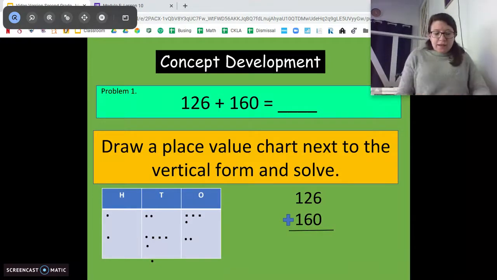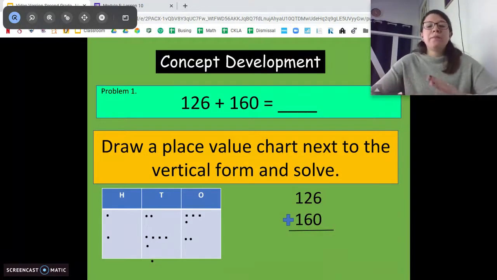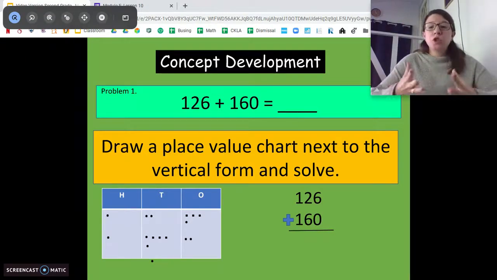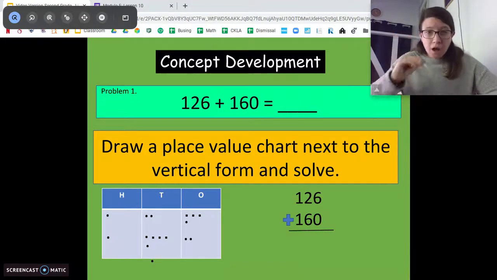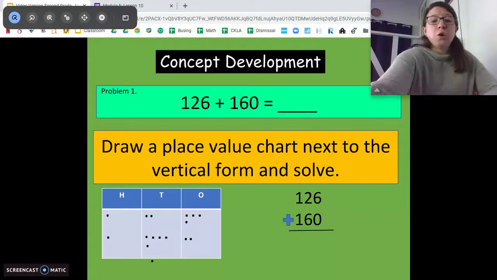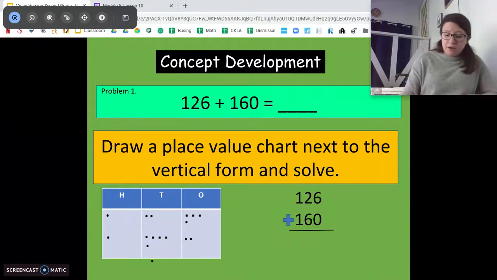So like I said at the beginning, we're going to be comparing the algorithm when we do the vertical method and add that way to our place value chart. So what I want you to do is pause the video, and I want you on your paper to show me the vertical way of this problem, so 126 plus 160.